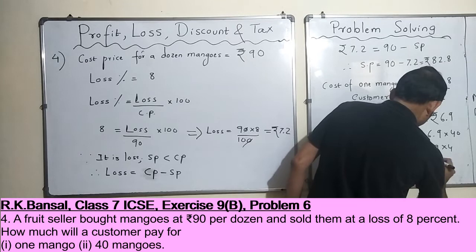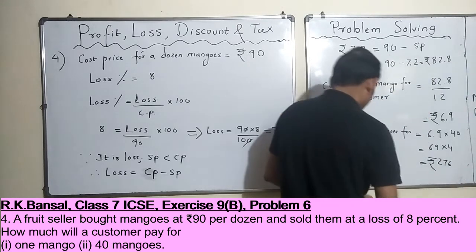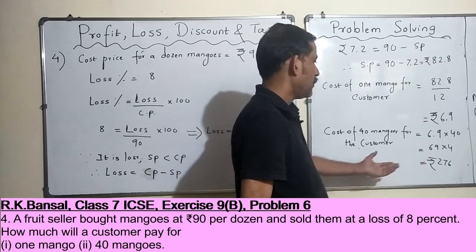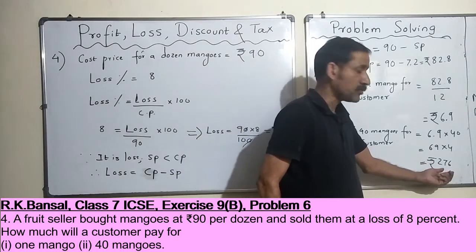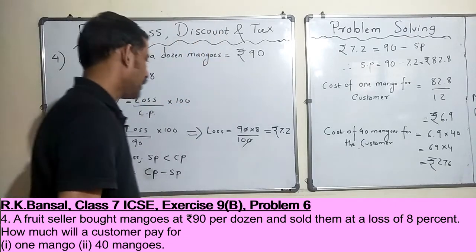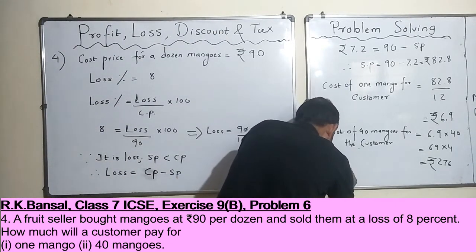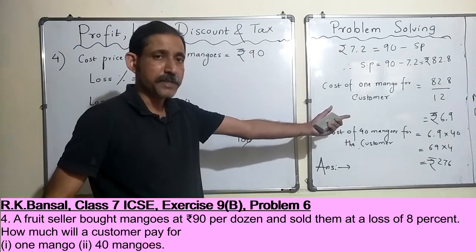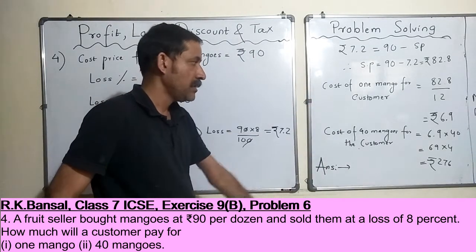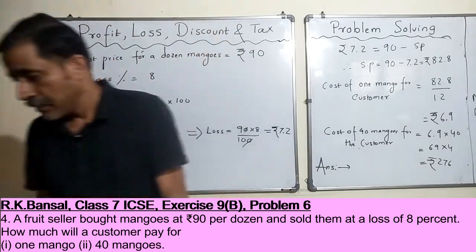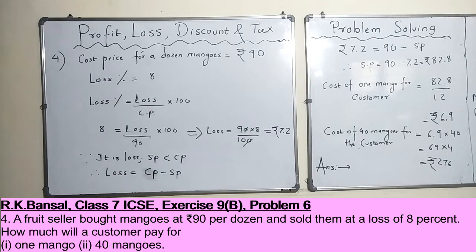Rupees 276. So a customer who buys 40 mangoes will have to pay 276 rupees for 40 mangoes, right? Then you can write down the answer. The cost of one mango is 6 rupees 90 paise or rupees 6.9, and the cost of 40 mangoes is rupees 276. Okay, good. So that brings us to the end of this problem, and let's move on to the next problem.